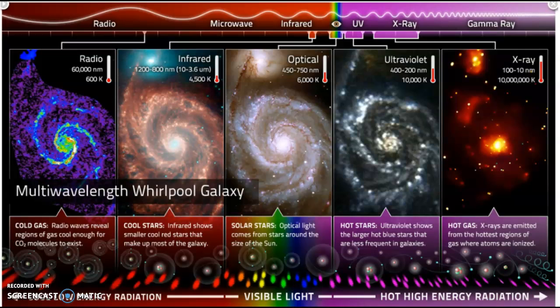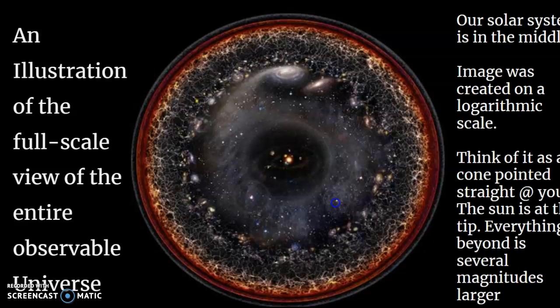Using different filters on telescopes, they look at different galaxies to see their energy signatures and what kind of energy is coming off of them. And some artist has put together an image of what the universe may possibly look like based upon these energy signatures of different galaxies.